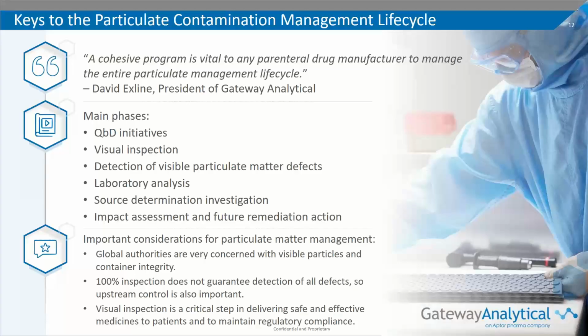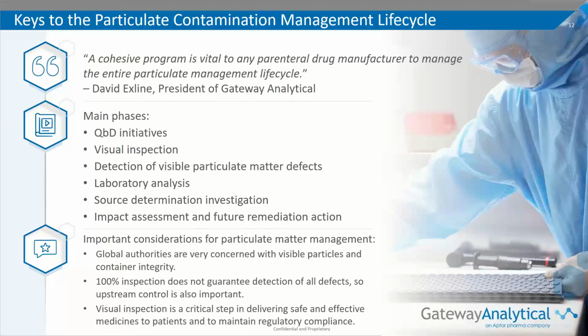So the keys to any really good particulate contamination management life cycle is understanding the phases, right? You need to understand the entire particle management life cycle to be able to effectively perform any type of investigation. The main portions of these are, again, these quality by design initiatives.